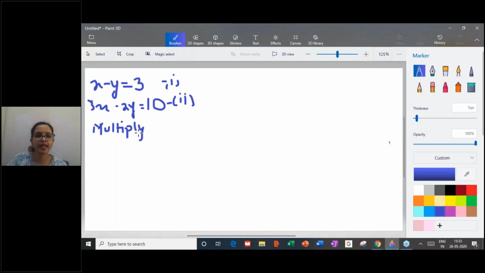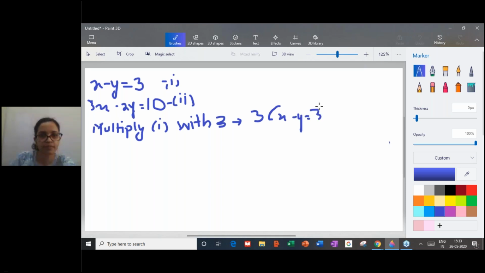I'll show you by eliminating x in this case, since both the signs are same. So multiply 1 with 3. So what do I get? 3x minus y is equal to 3, which is basically 3... oops.